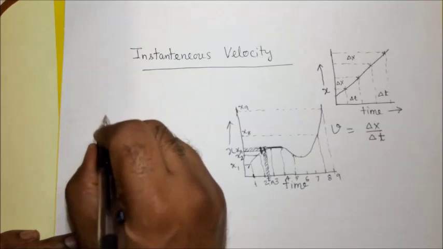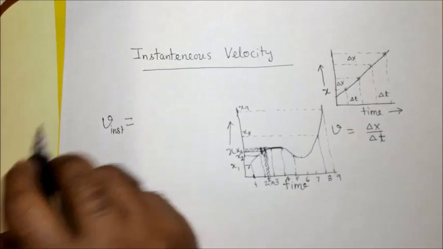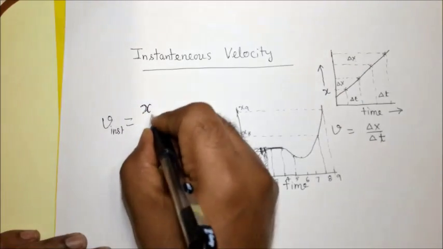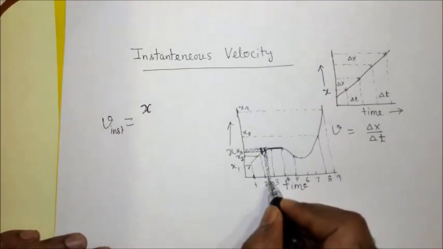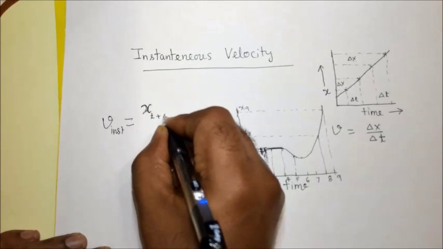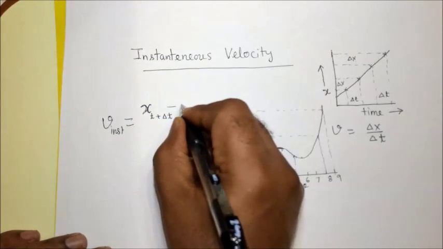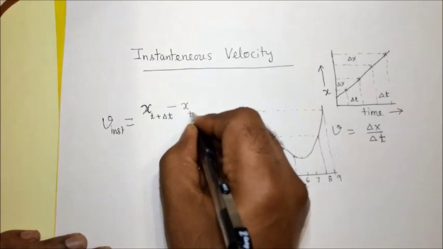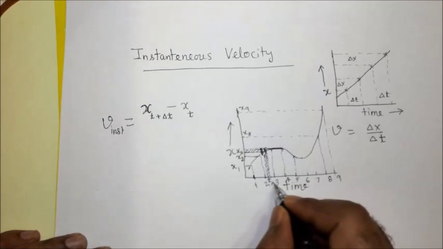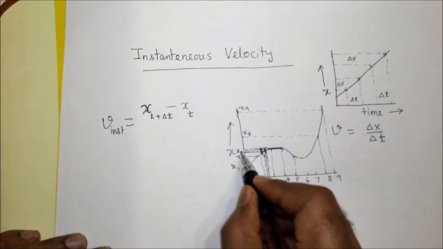So v instant is going to be x, position at time t plus delta t, where delta t is a small time interval, minus position x at t instant. I have put a here, but you can simply say it is t because it looks more convenient to write x and t.